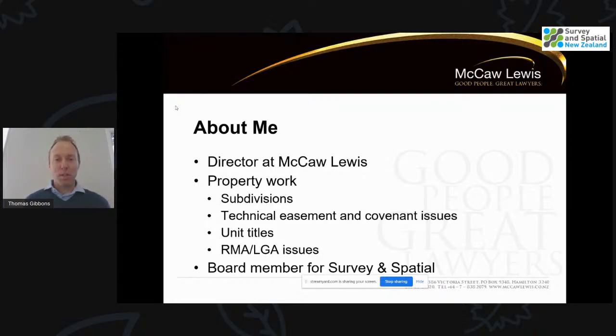Property is a very amorphous, broad phrase, covers subdivisions, obviously, do a lot of technical easement and covenant advice for local authorities, landowners and others, do a lot of unit title work. That's probably my number one specialty in some ways, and some of that's subdivision title based, some of that's agreement or governance based, and also do a lot of work on RMA and LGA issues to do with district plans, plan changes, consent interpretation, some work for local authorities, as I said.